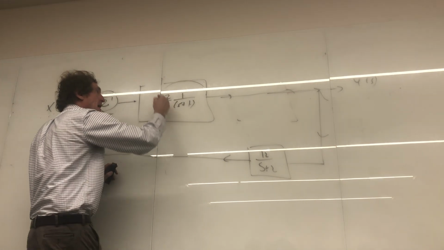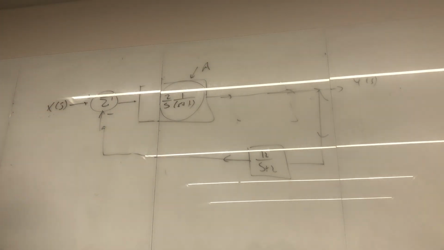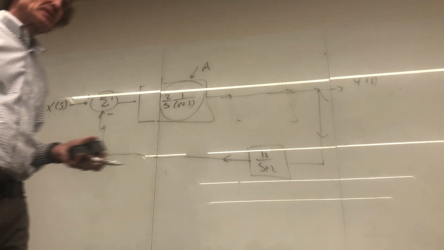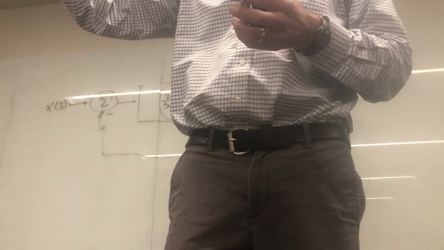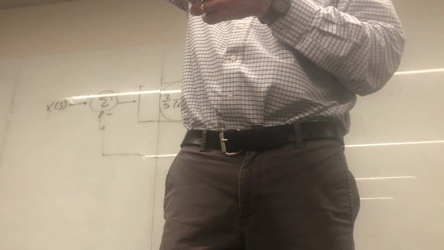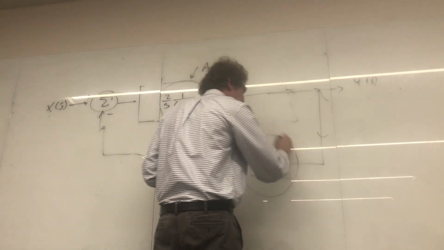This is your A. That is the amplification, so to speak, the forward amplification factor. You know what forward gain is? Forward gain is the amount that the signal is amplified, typically voltage gain, A_V. This is the forward gain, A. This is beta, the feedback gain, if you will.